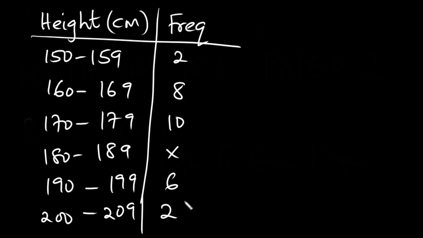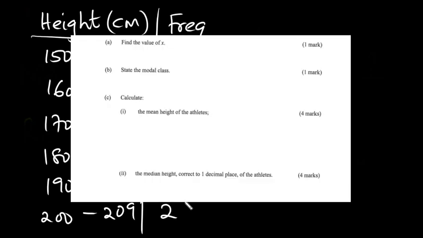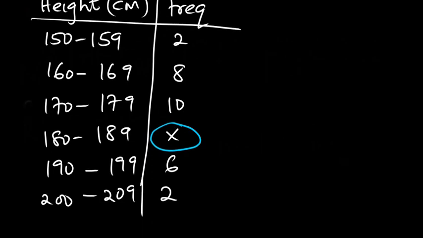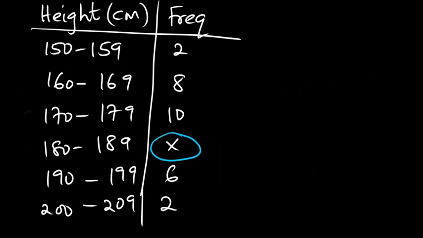The first part of the question states: find the value of X. Where is X? There it is. So how are we going to find the value of X? Now, if we go back to the first statement, we read that the height of 40 athletes.